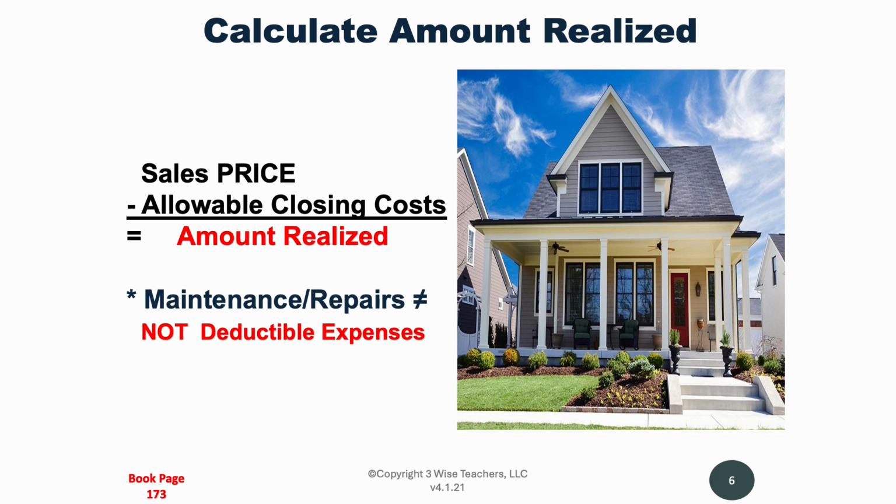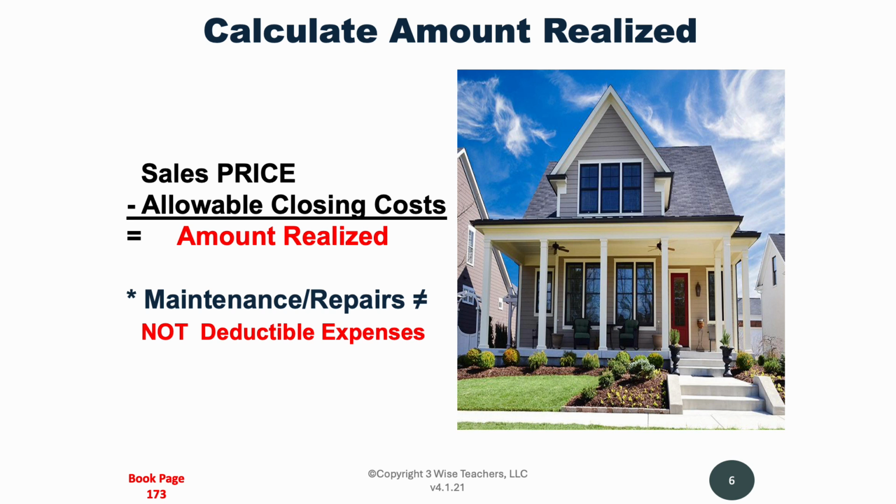So when you look at this, sell price minus allowable closing costs. Let's keep it pretty simple, actually. Let's assume that the allowable closing costs on the sell side would include the three things we know that the seller pays. The seller pays for the commission, the seller pays excise tax, and the seller pays for like deed preparation. So it's outside of the commission, it's not really a lot.